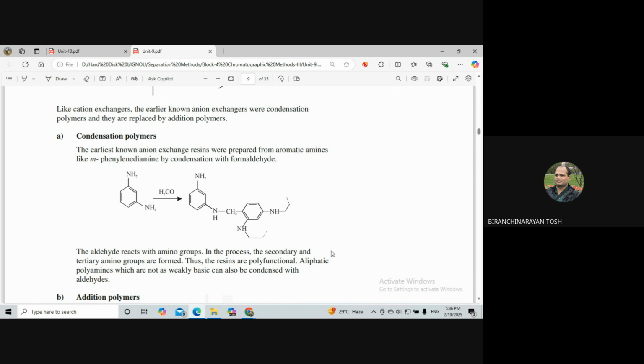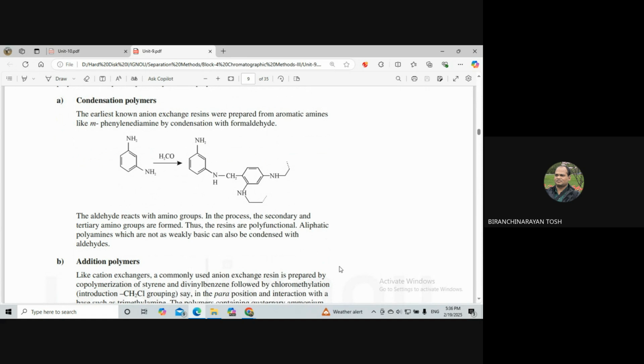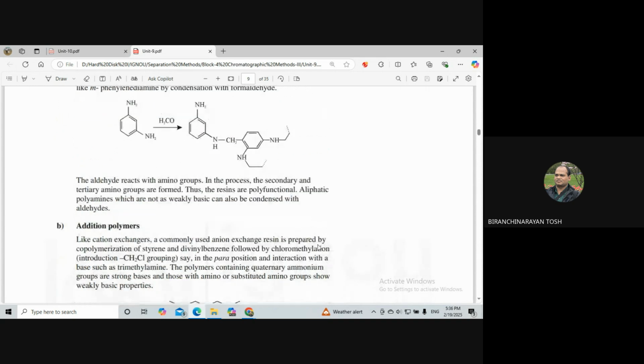Here the side chain, again there will be cross-linking. So the aldehyde reacts with the amino group, and in this process secondary and tertiary amino groups are formed. Thus, the resins are polyfunctional. Aliphatic polyamines, which are not as weakly basic, can also be condensed with aldehyde.